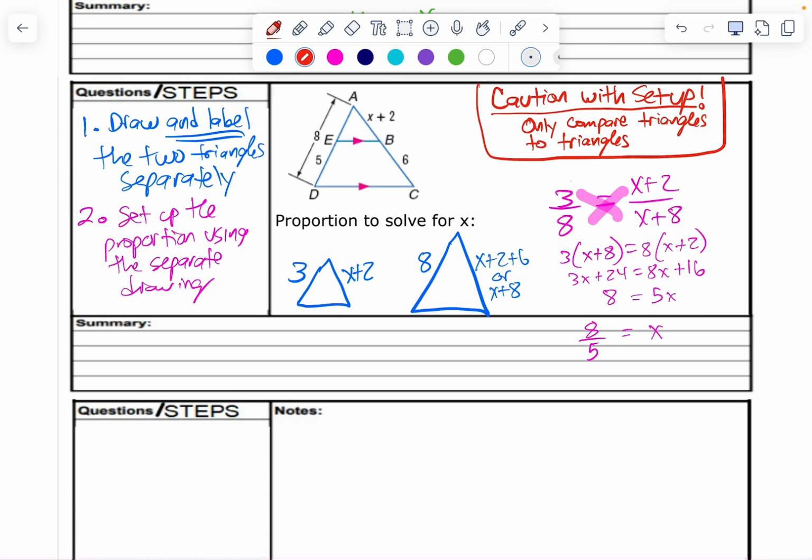And again, like I said, they come in various forms, meaning the information that's presented to you. The fact that EB and DC are parallel will give us a shortcut, but I don't want us to learn it that way until we have this down.